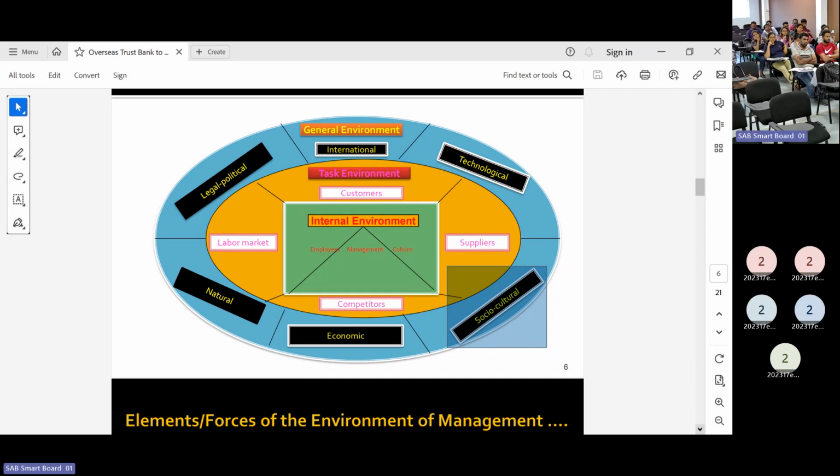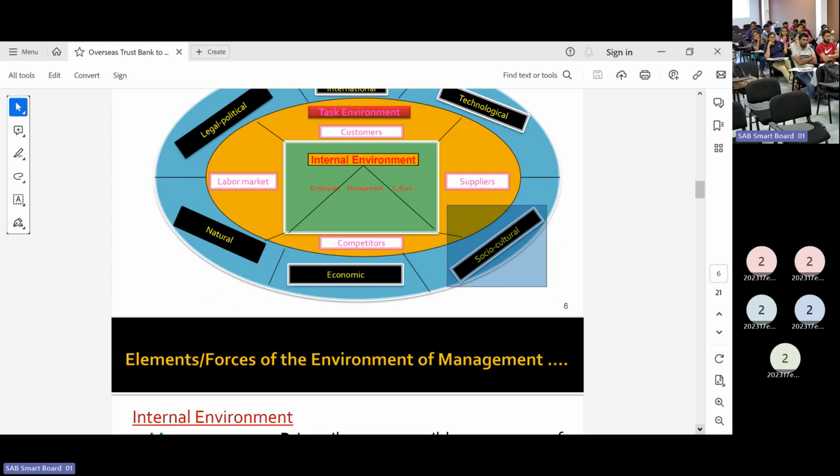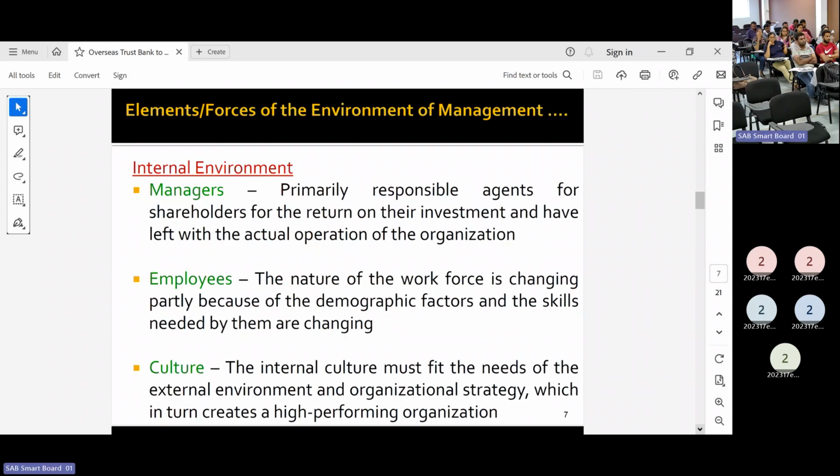Then the external environment causes are described again, and all elements are described again. This is the start of that. The three elements in the internal environment are the managers, employees, and culture.